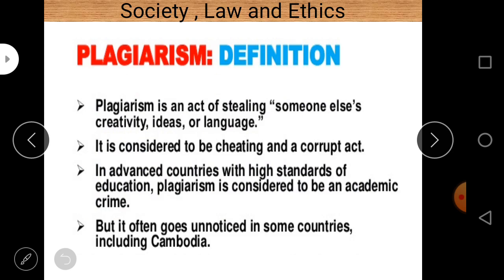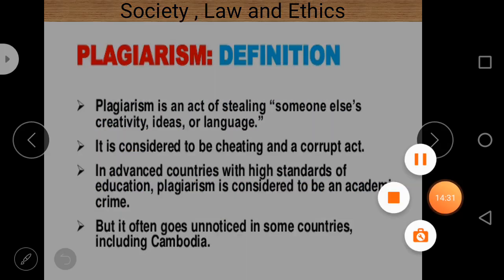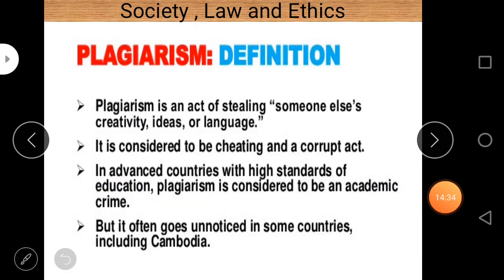Next is the plagiarism definition. Plagiarism is an act of stealing someone else's creativity, ideas, or language, and it is considered to be cheating and a corrupt act. In advanced countries with a high standard of education, plagiarism is considered to be an academic crime, but it often goes unnoticed in some countries, including Cambodia.